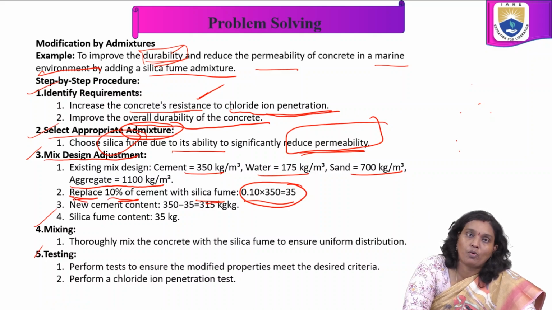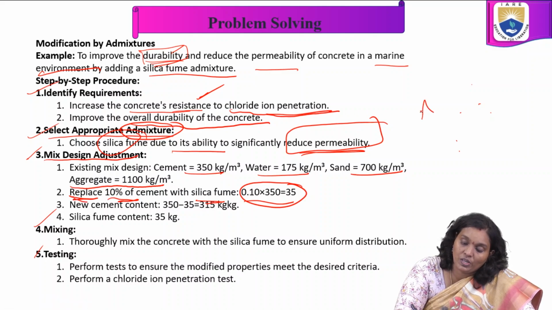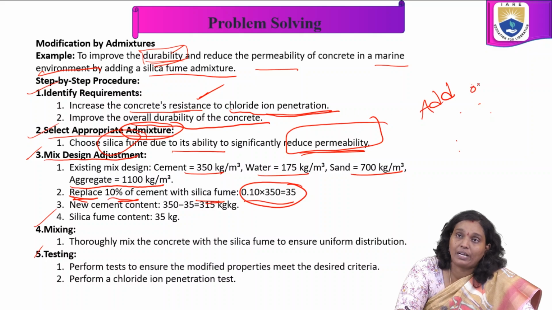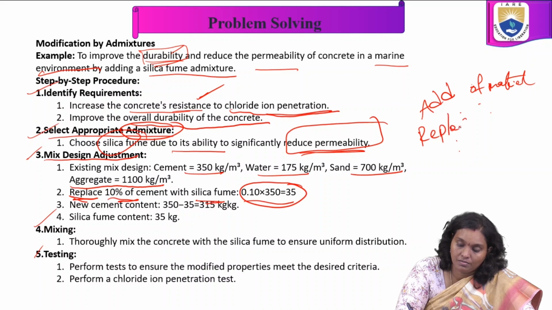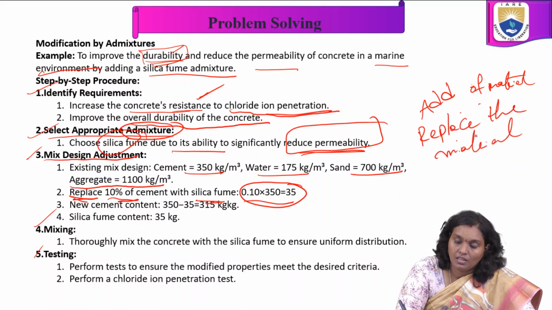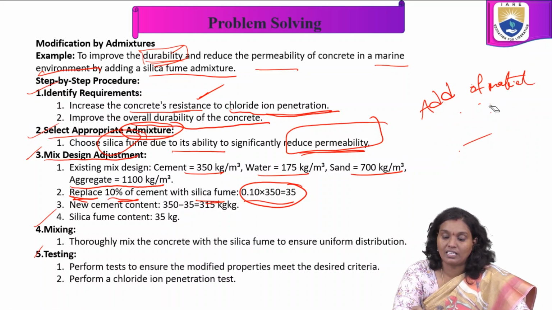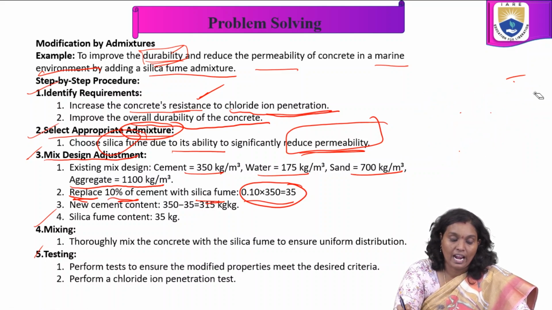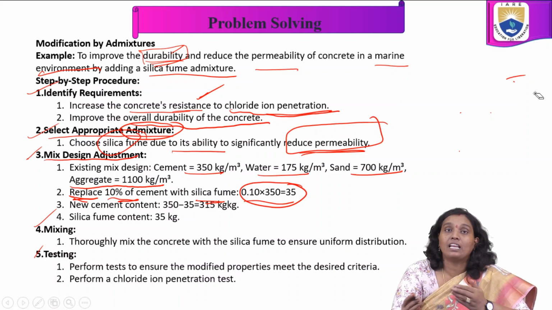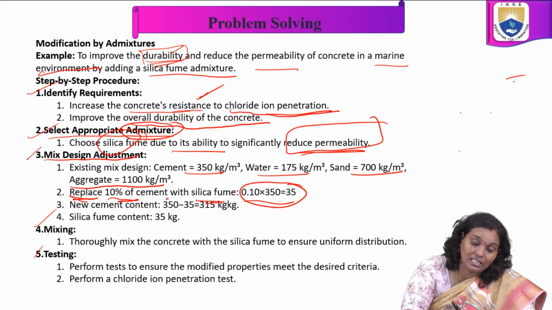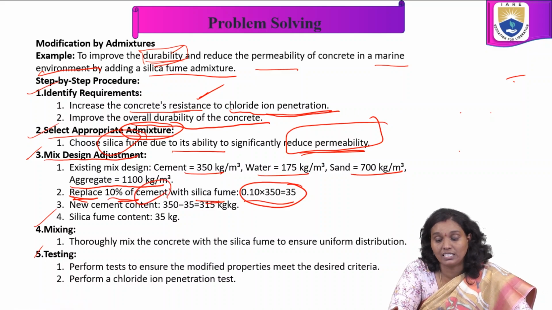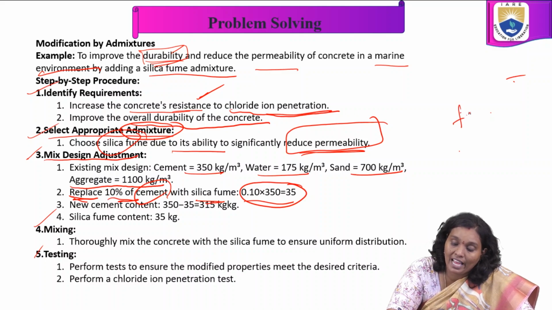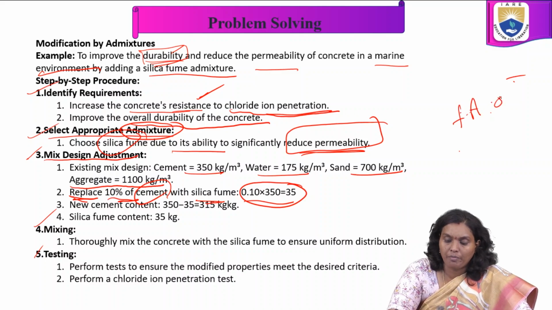This is also an important term. In some situations they may demand adding material; here we are replacing the material. This is also something we need to understand: here we are going to add material and replace material. Here we are replacing cement. In some cases they may replace fine aggregate, or it may be sand.